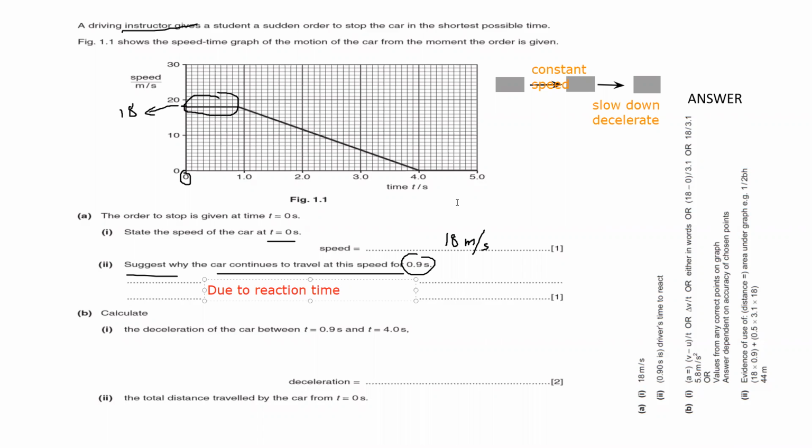So same thing, the moment the instructor ordered the student to stop the car, the student will take time to react to the instruction, and then he will press the brake. So in that interval when he was reacting, that interval is known as the reaction time. Is it clear? Part A, part 2.